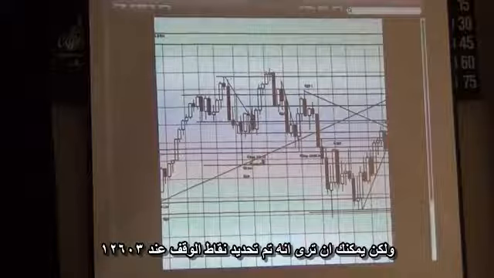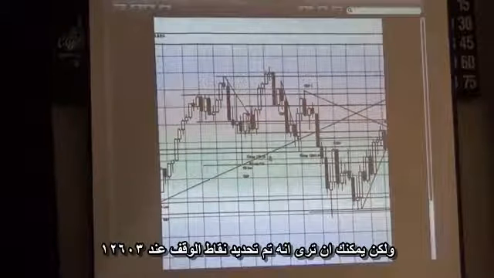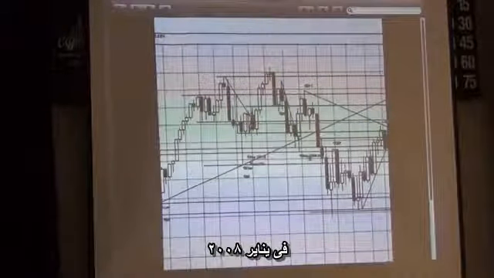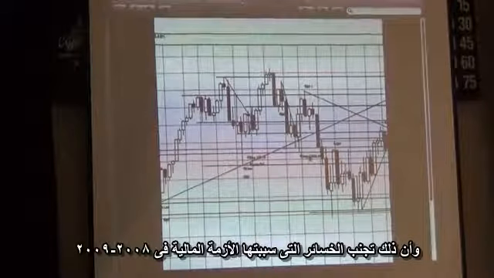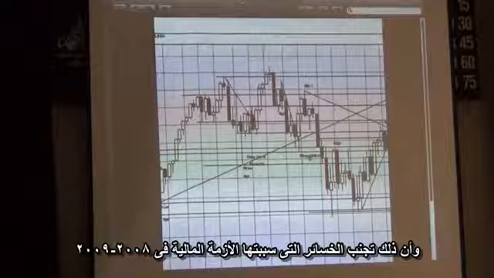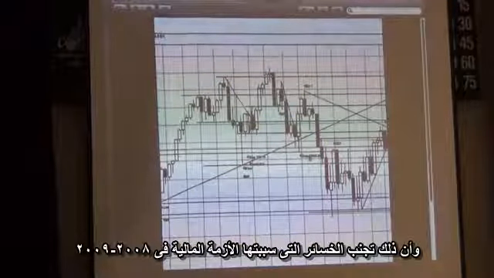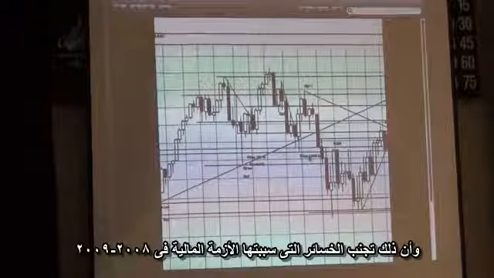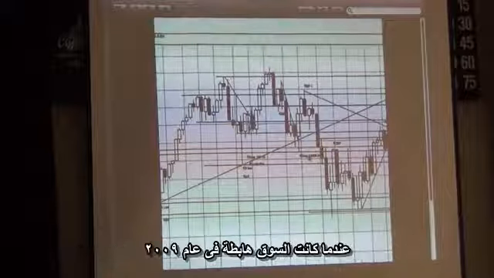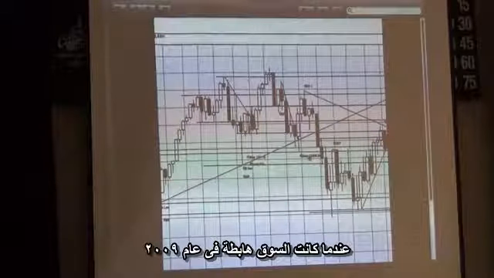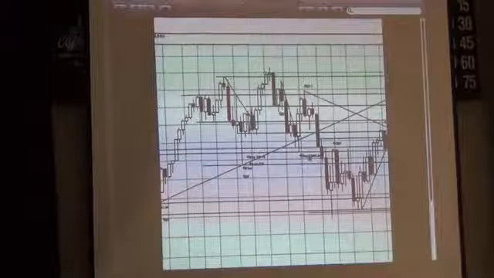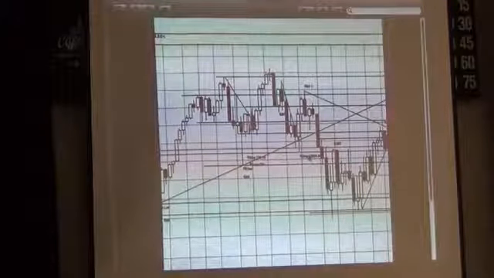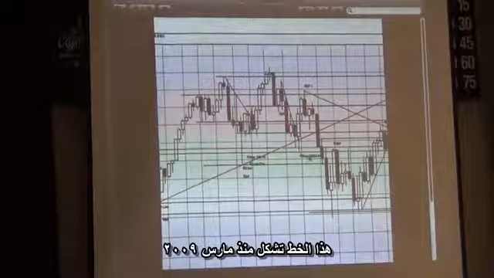The stop was 12,603 in January of 2008, and that avoided all the grief and trouble of the 2008-2009 bear market, right down to March of '09.